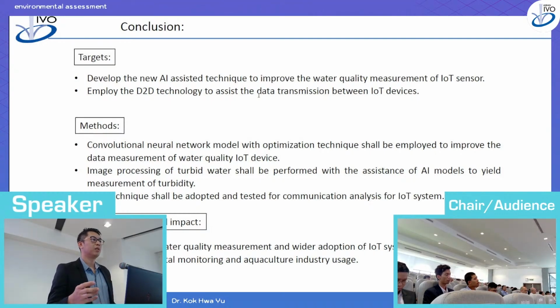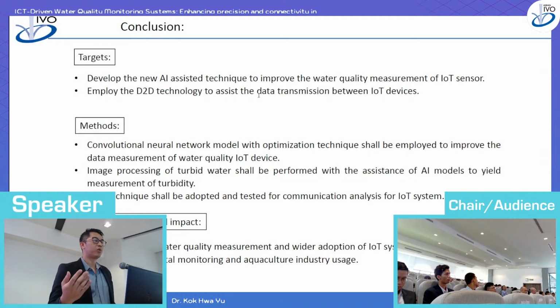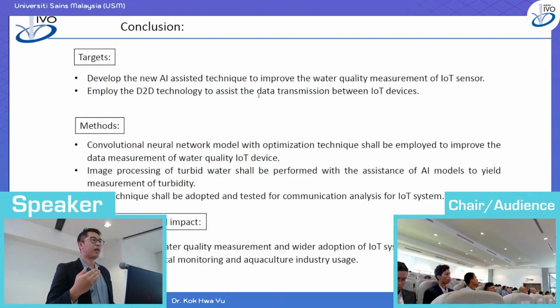We cannot have everything be as costly as possible. We try to adopt a lower cost alternative so that it can be applicable for normal applications. Normally for aquaculture, they prefer a low cost system. So thank you.